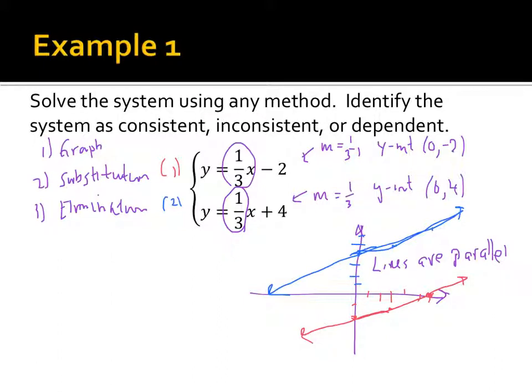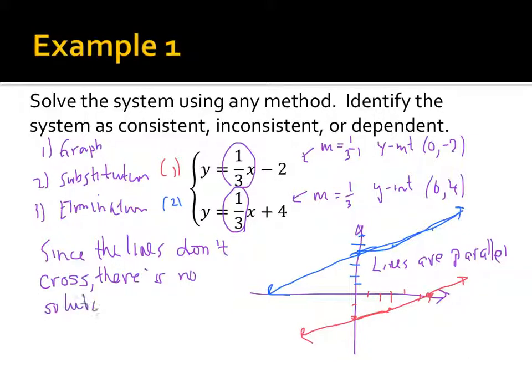So since the lines don't cross, there is no solution. And what we call this, if you remember, is inconsistent. Make sure you say no solution, and you want to say inconsistent if I ask you for that. It's on your final anyway.